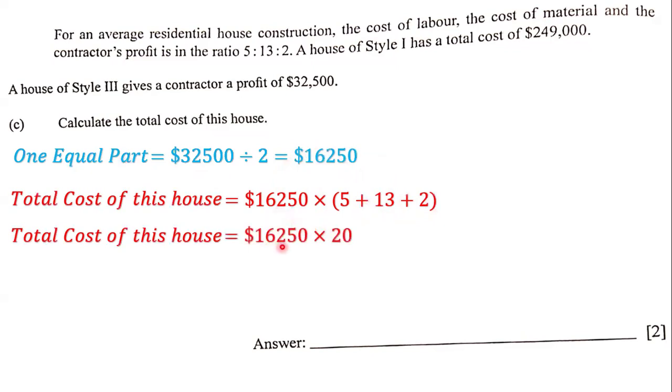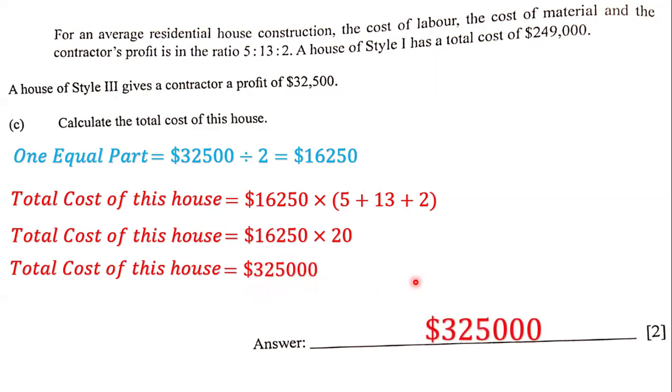And so we have one equal part, which is 16,250, multiplied by 20, which is 5 plus 13 plus 2. And when we do that, we get the total cost of the house, which is $325,000. And so that means that the total cost of this house, based on the information that they gave us, is $325,000.